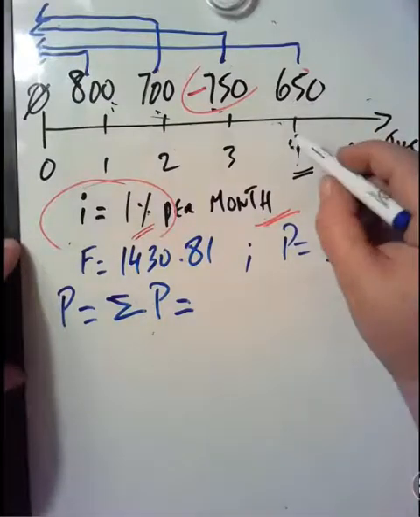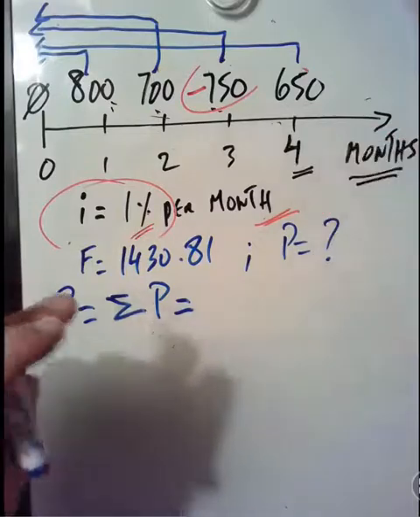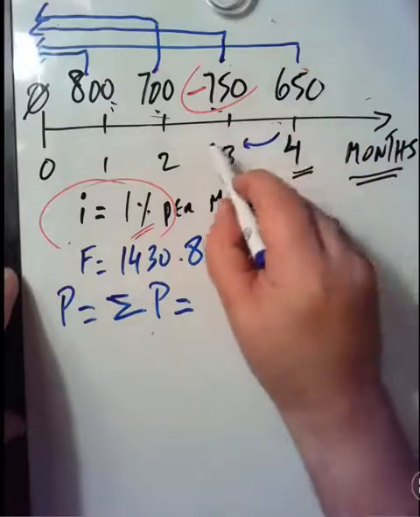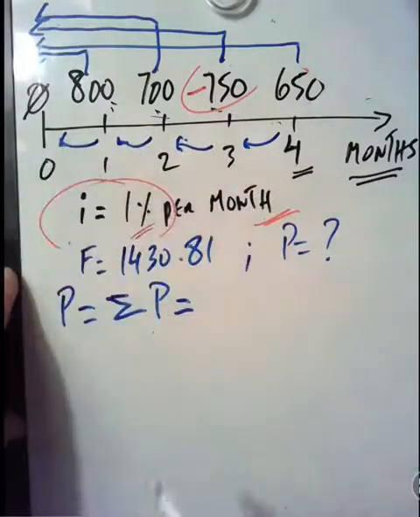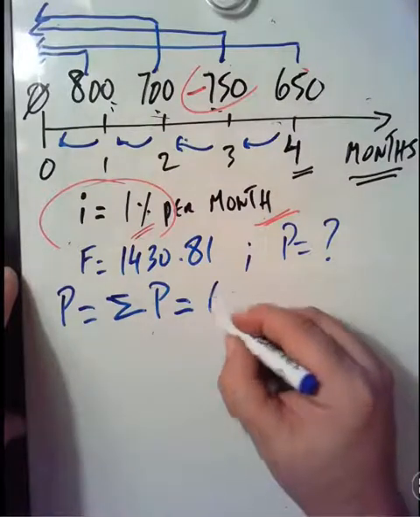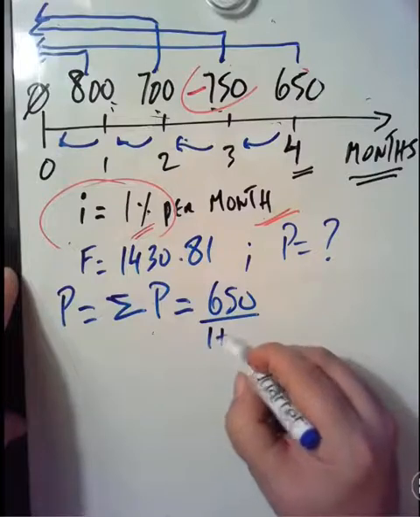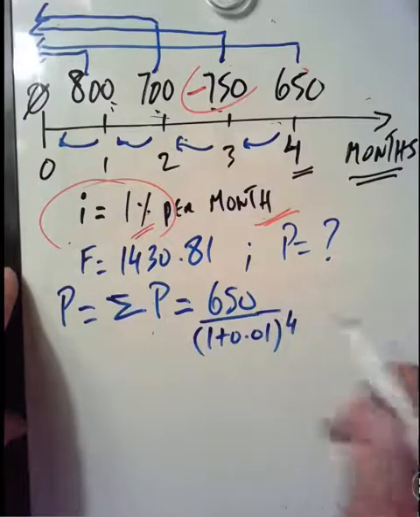So let's start with 650. I'll have to push it back 1 month, 2 months, 3 months, 4 months. 650 divided by 1 plus the interest rate to the power of 4.